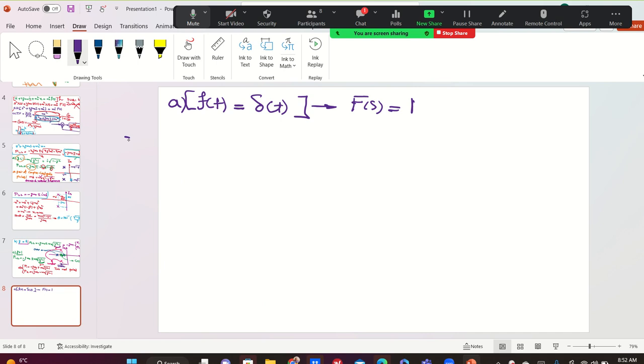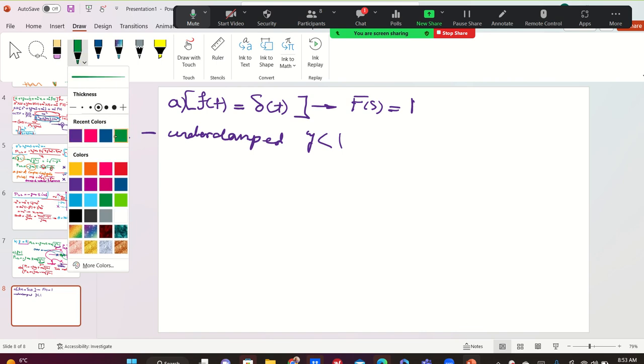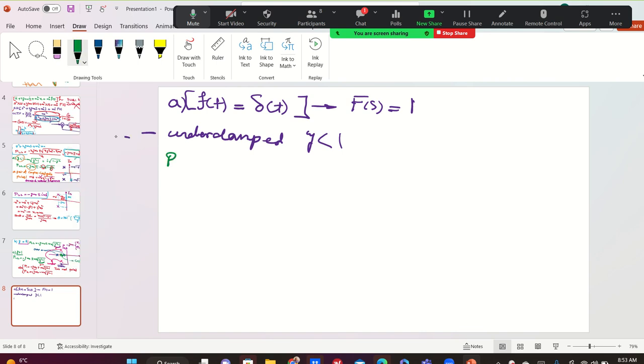And I'm going to consider when your system is an underdamped system, meaning zeta is smaller than 1. Based on whatever I taught you, you have two complex conjugate poles, minus zeta omega n plus or minus i omega n.